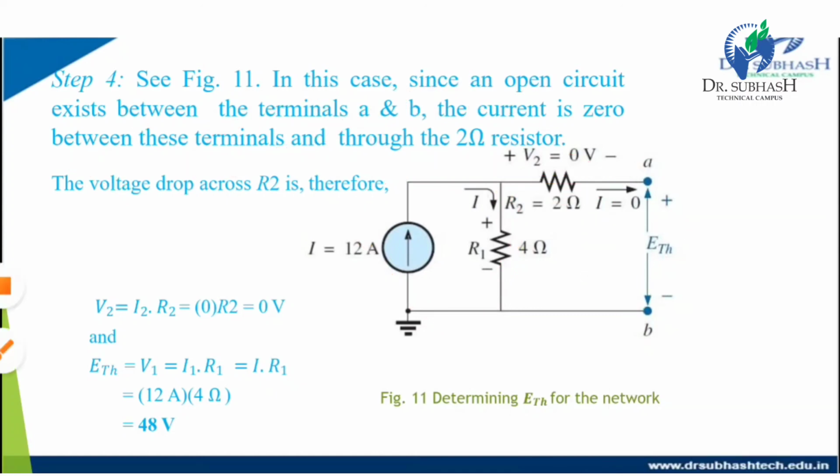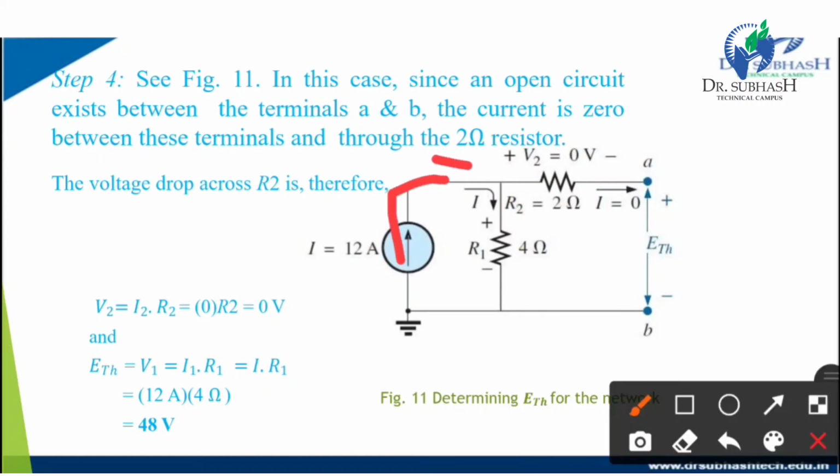So the whole 12 ampere must go through R1.